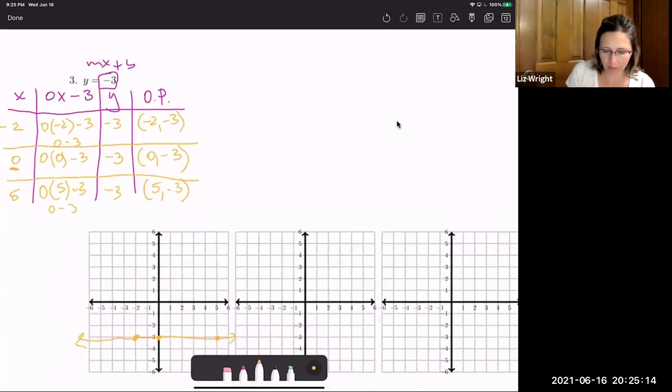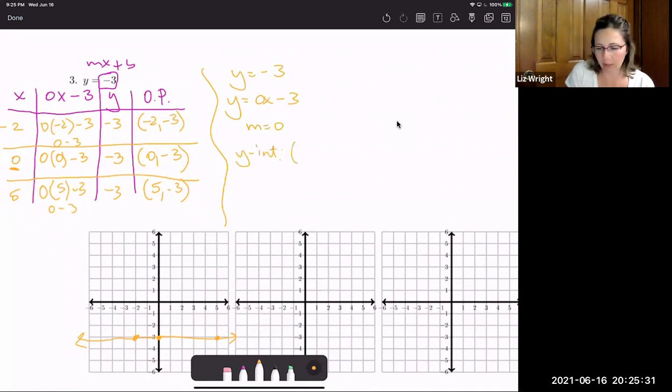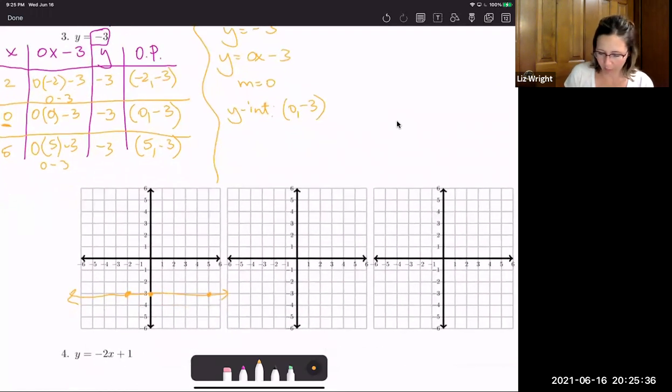So there's our table. Then for our equation, we've got y equals -3, but I'm going to write it as y equals 0x minus 3. Our slope is going to be 0. Our y-intercept is going to be 0, -3. And so we're going to put the 0, -3 down here.